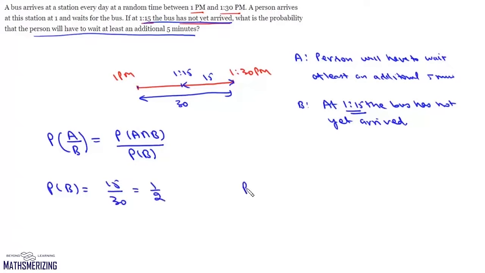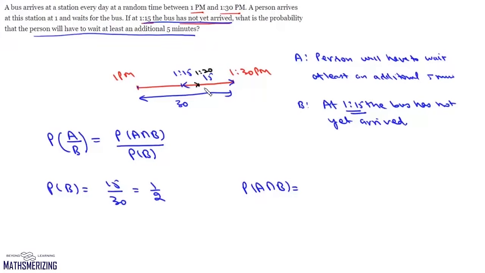Now we'll find this probability P(A intersection B). It is given that at 1:15 the bus has not yet arrived and the person will have to wait at least an additional 5 minutes. So that means it now corresponds to the case where this bus arrives after 1:20. So if the bus arrives after 1:20, this person has to wait at least an additional 5 minutes.